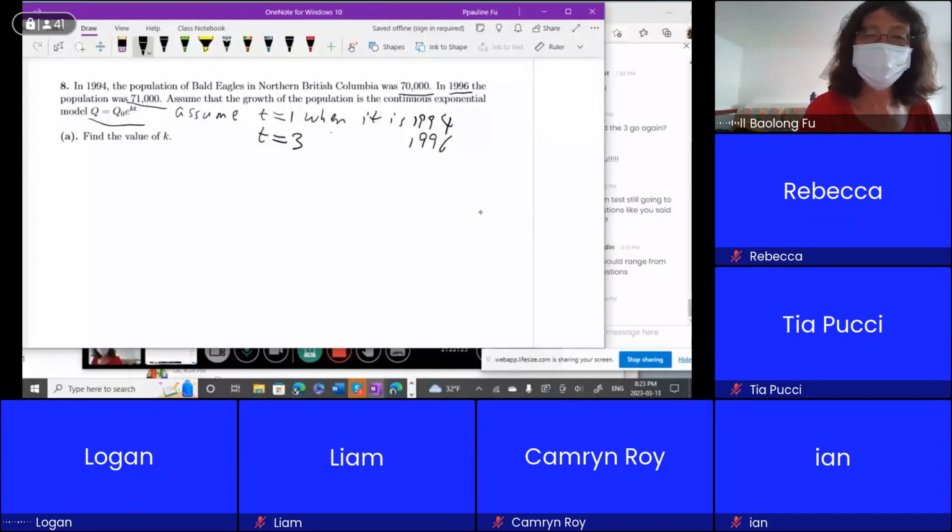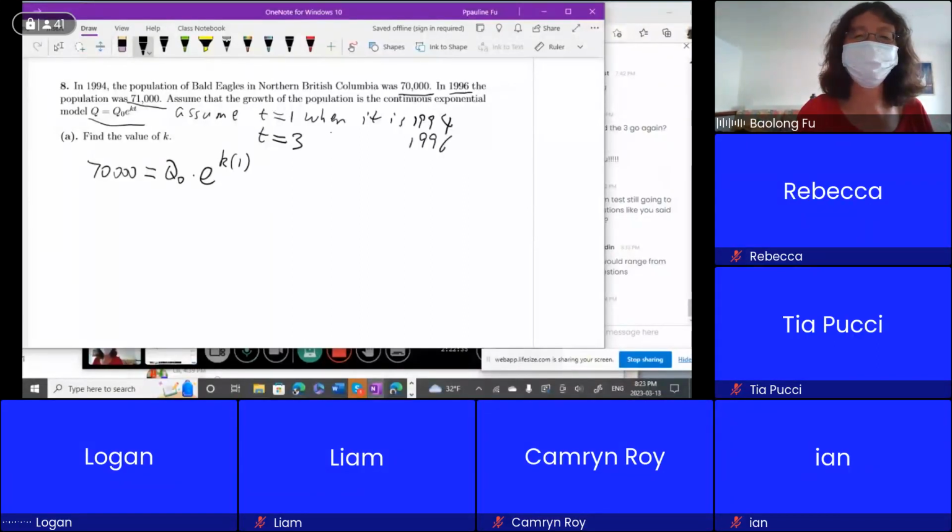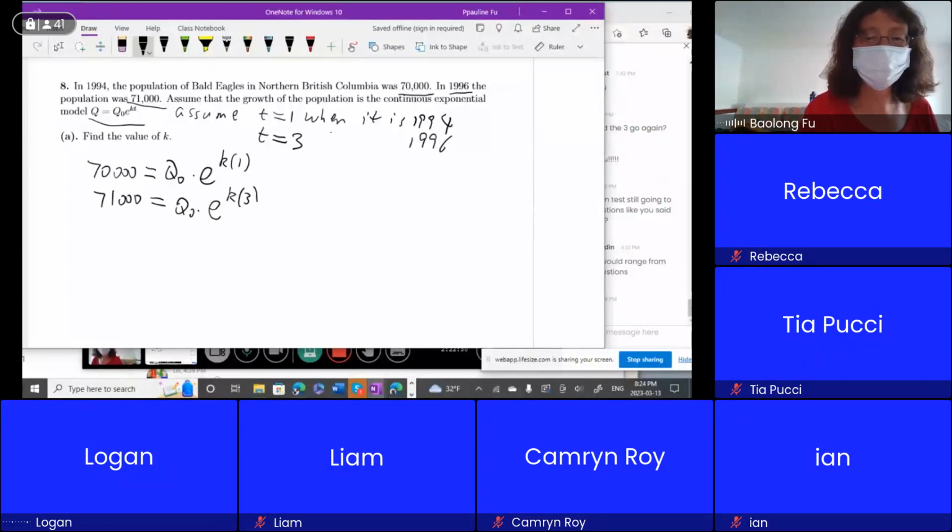So population is what? 70,000. 70,000 equal to Q0 times E chi when t equal to 1. And when t equal to 3, population is 71,000, Q0 times E chi times 3.